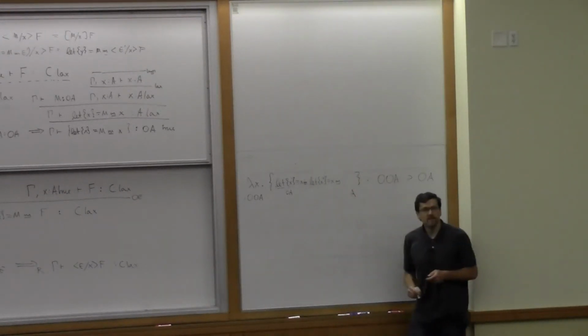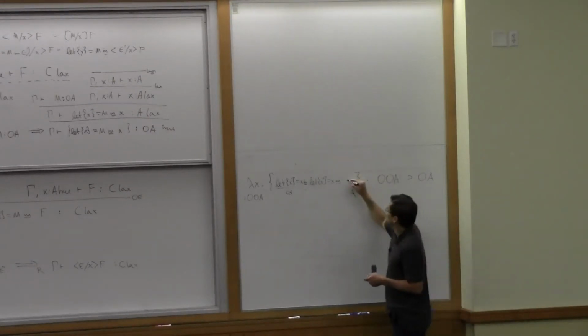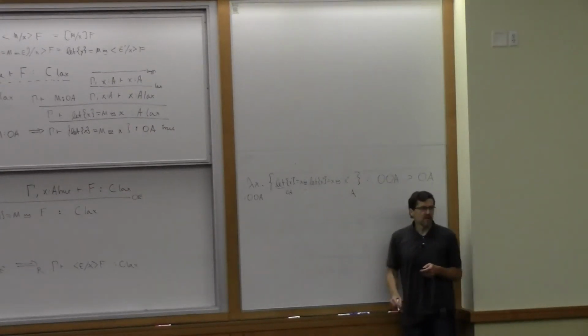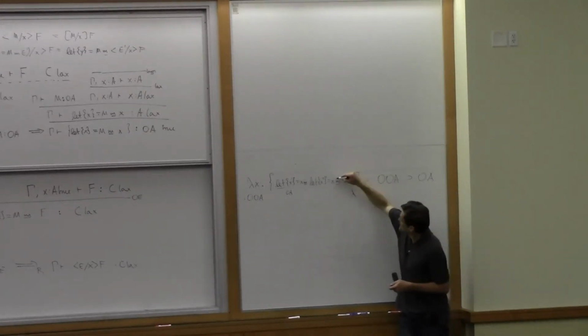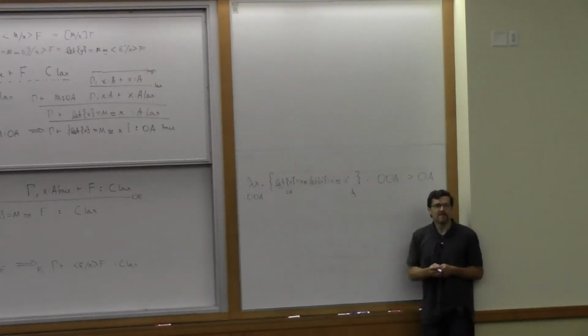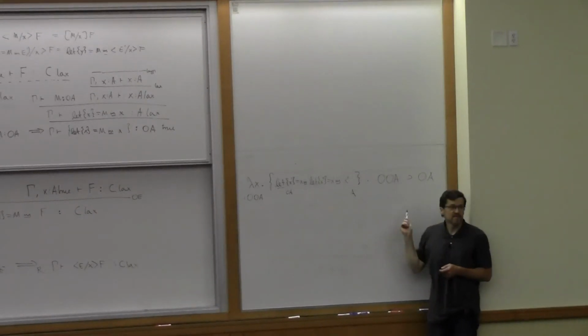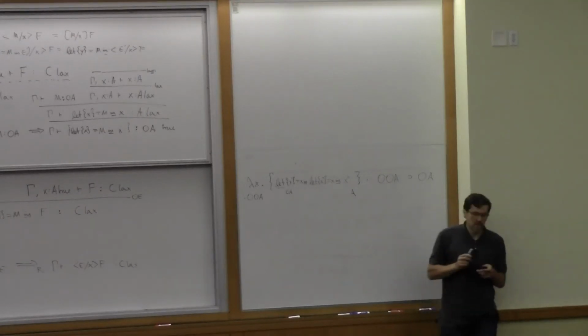Okay, and now x double prime has type A, which is what we needed here. Thank you. Okay, makes sense? So that was a very good question, and we can prove that here.